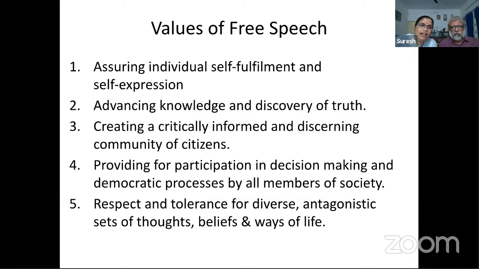Now, all these values can be realized only if all of us bear in mind, again, the concepts of liberty, equality, and fraternity, which is what point 5 is about, which is being tolerant of diverse and even antagonistic views.